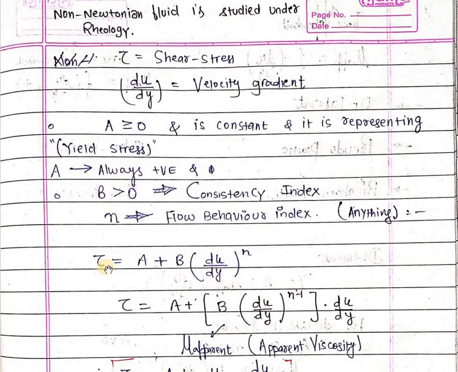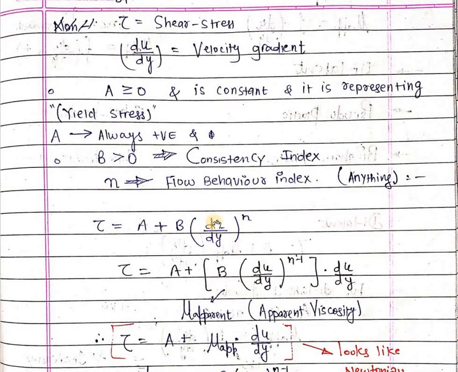From the empirical relation we have tau is equal to A plus B du upon dy to the power n. We can convert this relation as tau is equal to A plus B, using the basics of exponents, du upon dy to the power n minus 1 into du upon dy.